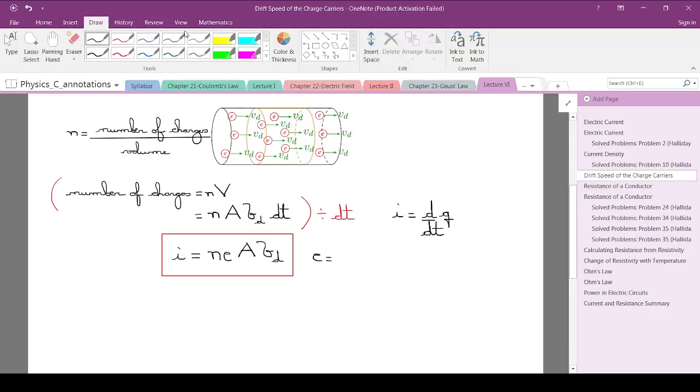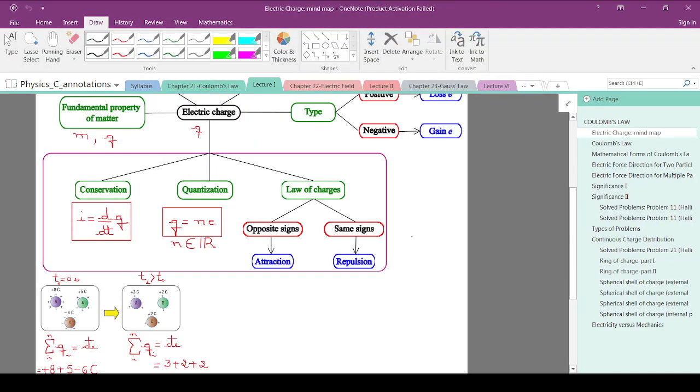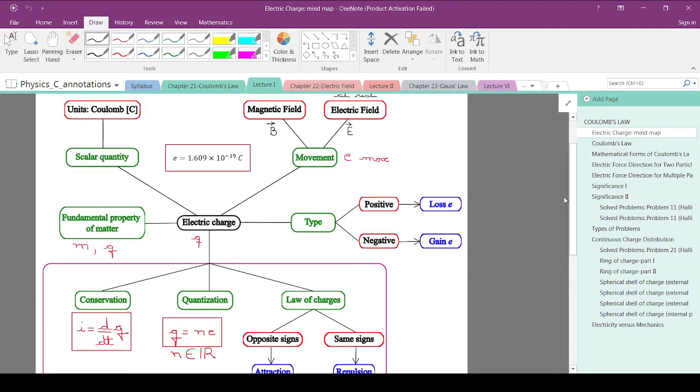Where is it? Let's go back to our first class right here. So this is the elementary charge.